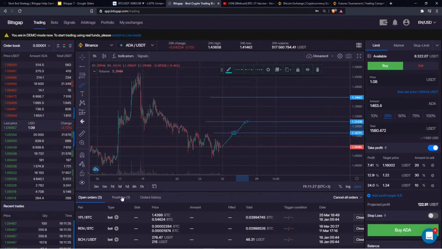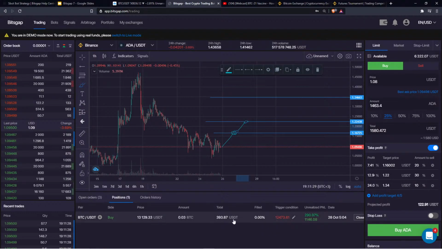Okay, because for example, here you see I have an open position and I have this thing known as the unrealized P&L, which is $1,146. But the difference between the unrealized and realized return is a huge gap. The thing is that unrealized is something that you do not possess yet, whereas the realized return is something that you have when you have the take profit or when you manually sell your position.